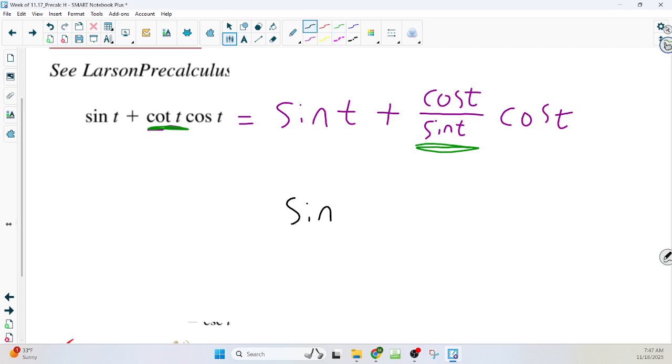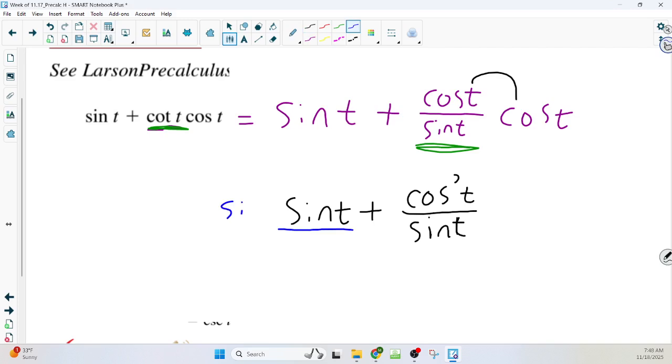So we have sine of t plus cosine squared of t, because that's cosine times cosine, over sine of t. Now, a common denominator is going to be to take sine of t and multiply it here. So we're going to multiply by sine of t over sine of t.